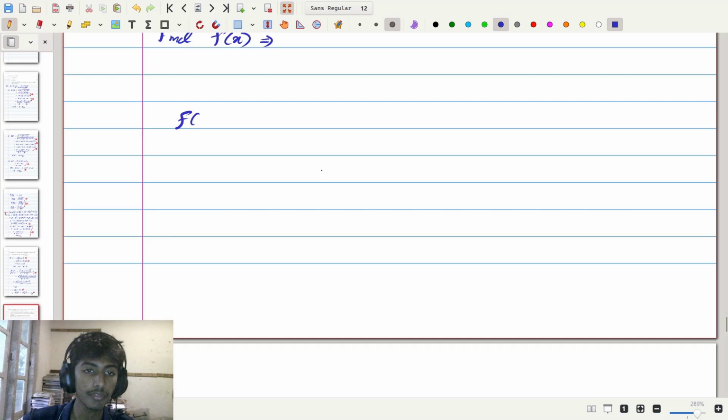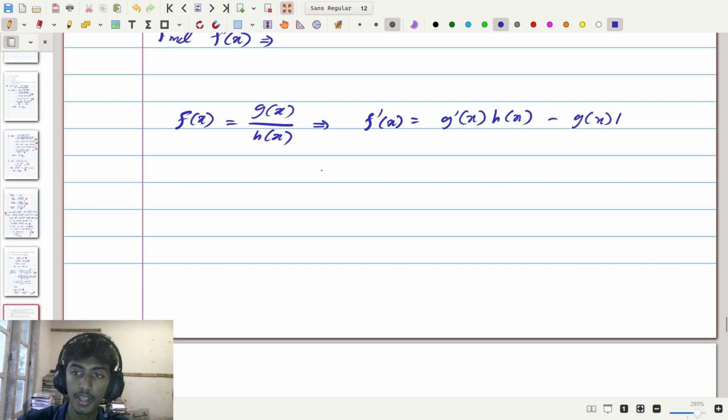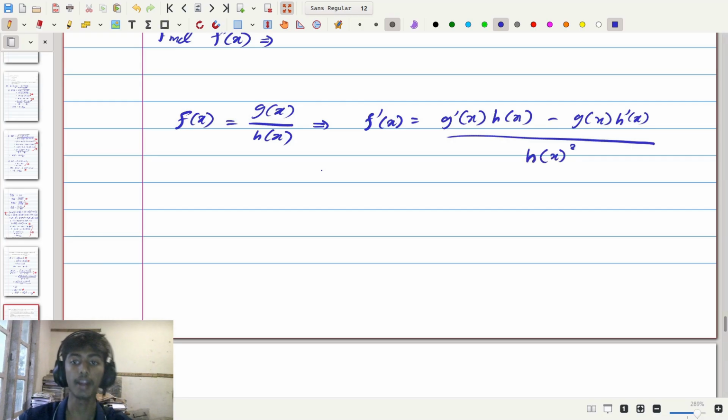If we have, let's say, f of x equal to g of x divided by h of x, then the derivative f prime x is going to be equal to, from the quotient rule, g prime x h of x minus g of x h prime x, divided by, and on the bottom we're going to have h of x squared. If you're interested in finding where this identity comes from, including the others that I'm going to be discussing in this video, you can click this video at the top right.